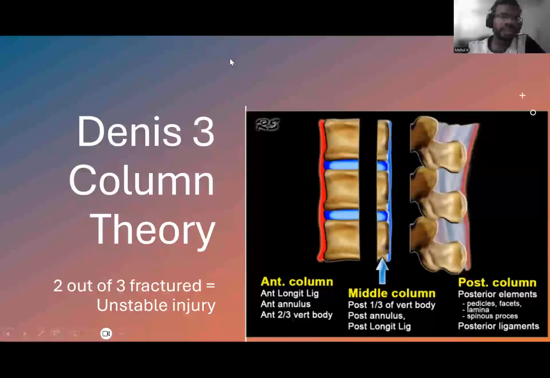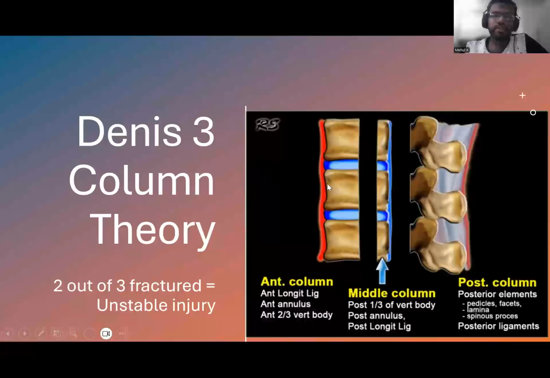Now, there is something called the Denis three-column theory, very, very famous, although it is generally going a bit out of favor for something else, which we'll get into. The concept is that we have three columns: an anterior column, a middle column, and a posterior column.